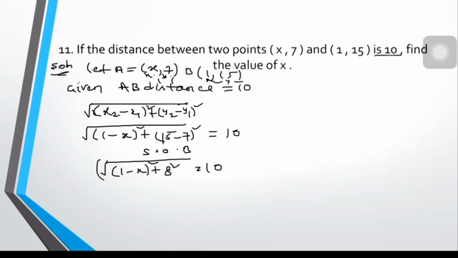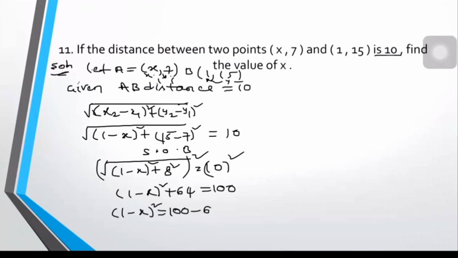Now squaring on both sides, then (1 minus x) whole square plus 8 square is 64 is equal to 10 square is 100. Now (1 minus x) whole square is equal to 100 minus 64.